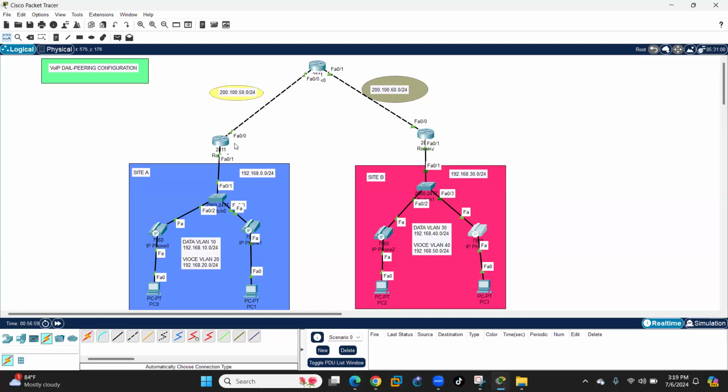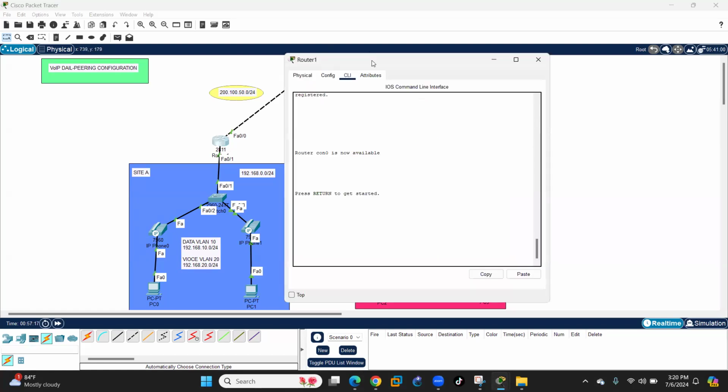First of all, I have to configure my routing. I can use any routing protocol I like. I can use OSPF, RIP, BGP, and static routing. But I'm going to use OSPF.